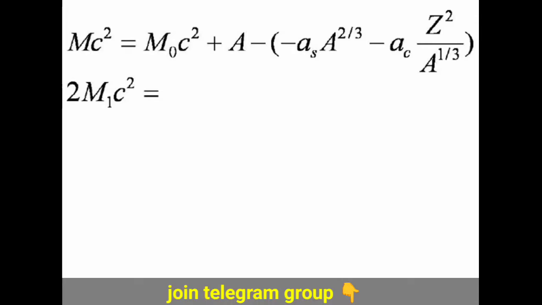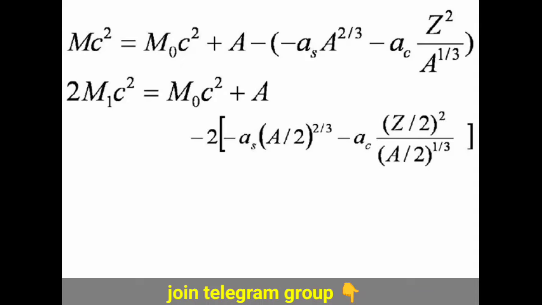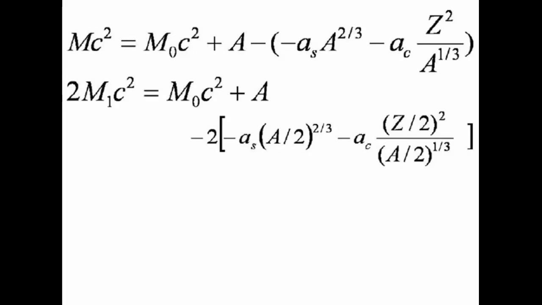2 fragments M1 and M2, they are equal. So, double of that, that is the final rest mass energy, and that will be, this part will remain as such, because same number of neutrons, same number of protons, the volume term and the asymmetric terms, they are equal, and so this whole thing multiplied by 2, and then this will be minus A_s, and this will be (A by 2) to the power 2 by 3, and minus A_c (Z by 2) squared, and divided by (A by 2) to the power 1 by 3.